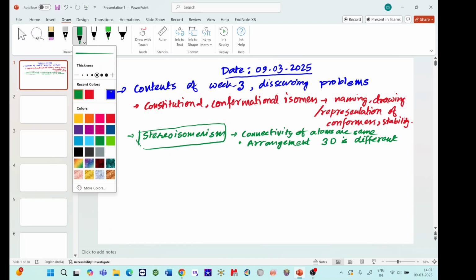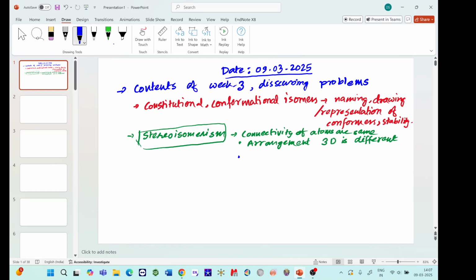And for that, we get a difference in optical response. So we'll discuss it all: how this affects the physical property of a molecule.